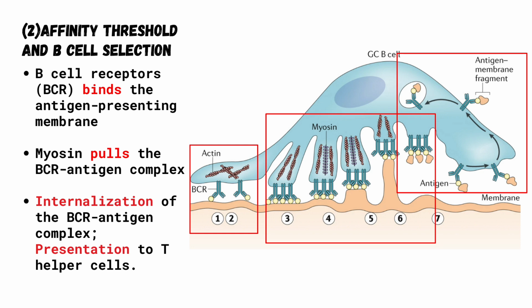This allows the selection of only high-affinity GCB cells, which have 100-fold higher antigen affinity than naive B cells, and induce long-term survival and memory.